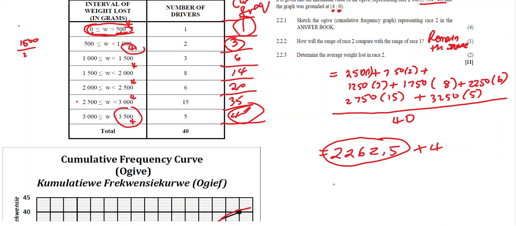Remember, average means mean. So whatever the mean was initially, I add whatever the weight loss average is. Perfect. 2264 plus... 2266.5? Then we're done with this question. Thank you very much, ladies and gentlemen.